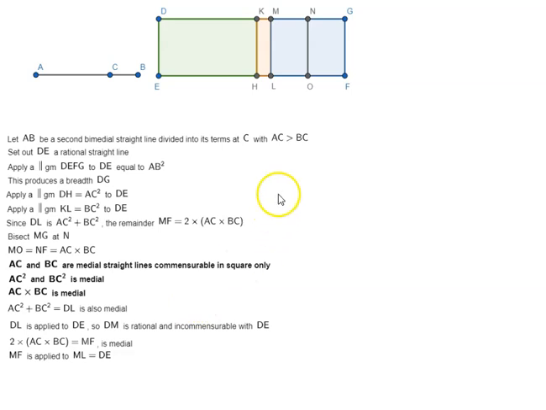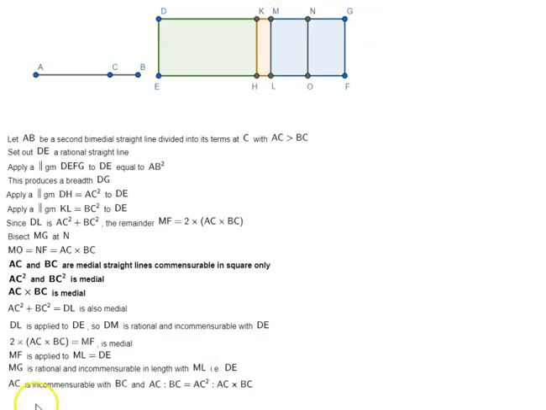Now MF is applied to ML, which is equal to DE. So MG is rational and incommensurable in length with ML, which is again DE. So AC is incommensurable with BC, and AC is to BC as AC square is to AC by BC.